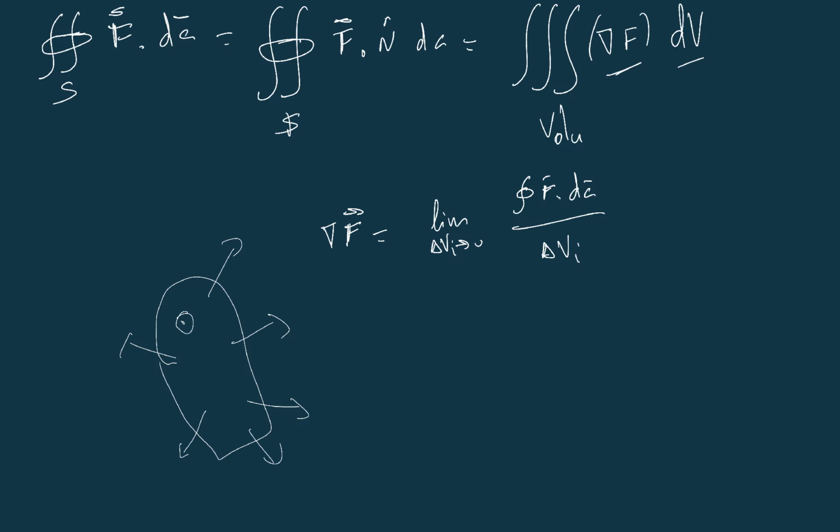You measure how much is the flux, the total net flux of the vector field around the surface S, and the relation between the flux per unit of volume, when the volume goes to zero, measures the divergence.